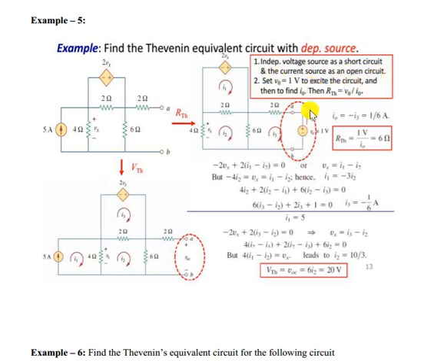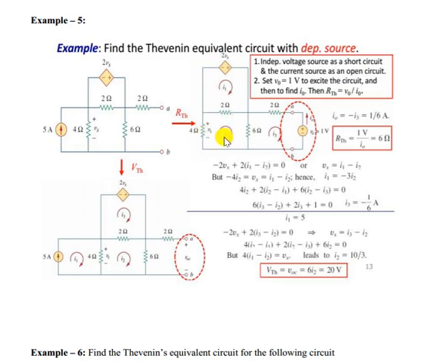Okay, and set V0 value equal to 1. Then if you find out I0, RTH equal to V0 by I0. So if this current source is open circuited, there is no voltage source, so no problem, but this dependent source should be kept intact.